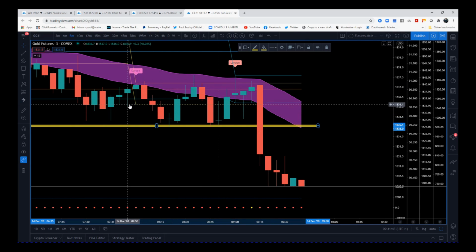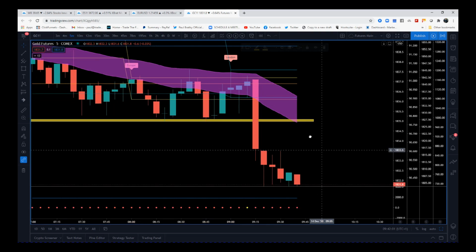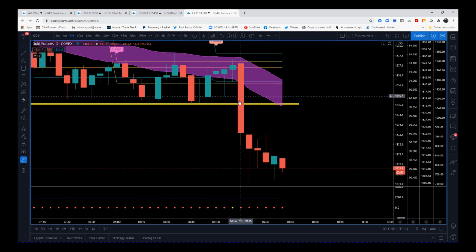We're still breaking out of that range for the London Stock Exchange, the European gold pit open, but I found a short-term support level here. So my entry is going to be here, just below, around about 1834.9, and then we get the catalyst to really get us going now.